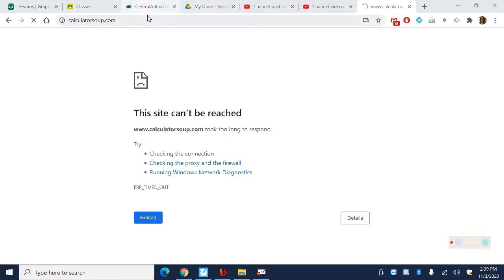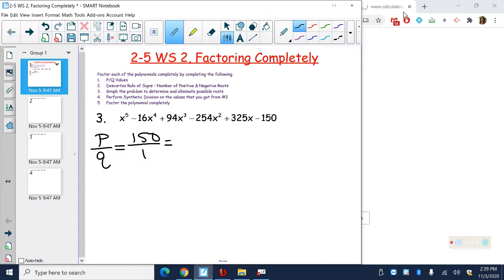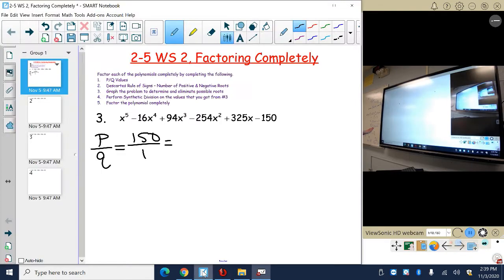Well, I'm kind of sad that calculator soup won't come up, but later on, if you just do calculator soup and factors, you'll be able to do that. But we'll just go with what we have now, and I will show you what they are.